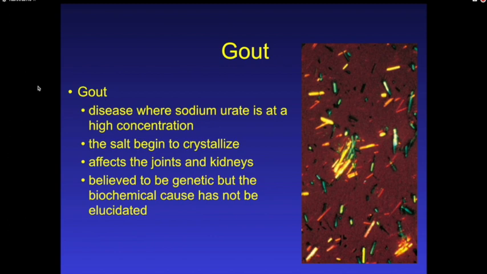Additionally, if these crystals go through the kidneys, which have very fine capillaries, the fact that they physically go through those very small blood vessels, we actually get physical damage, and so there's kidney damage for people who have the disease called gout. We believe it's genetic, but the biochemical cause for this is not elucidated.